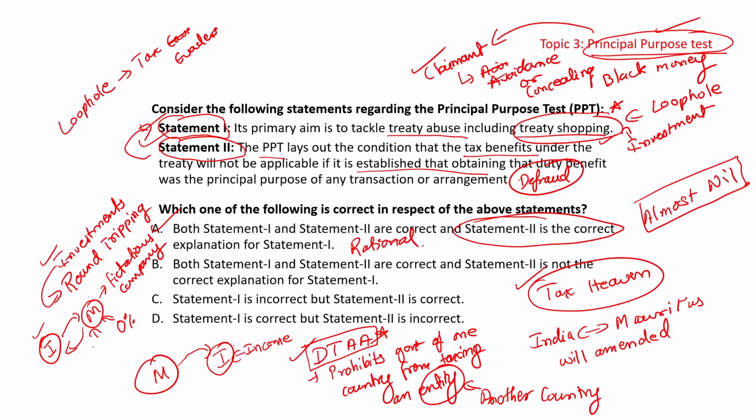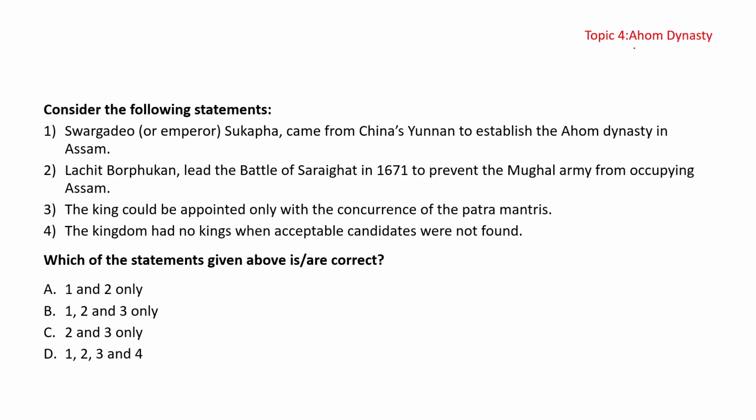Done. Moving on to the third topic, and this is with respect to Ahom Dynasty, one of the longest reigning dynasties. And this dynasty is in news because of the Statue of Valor.